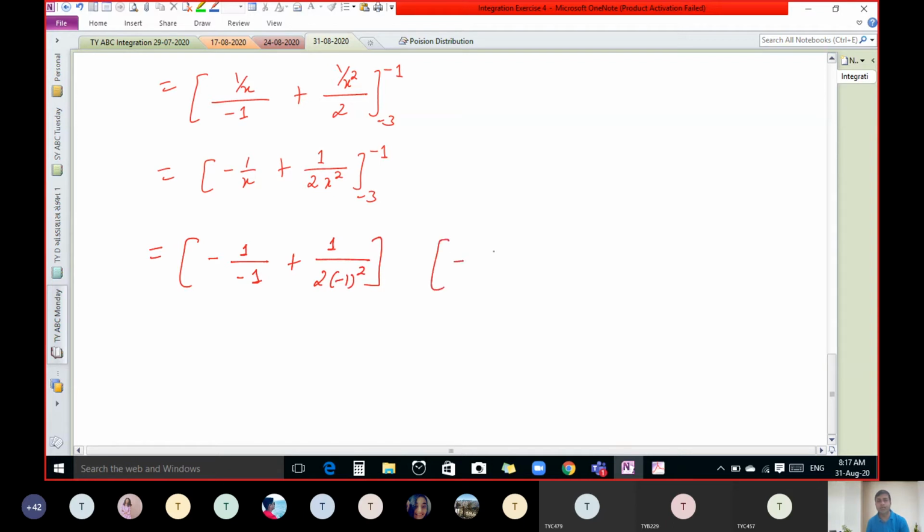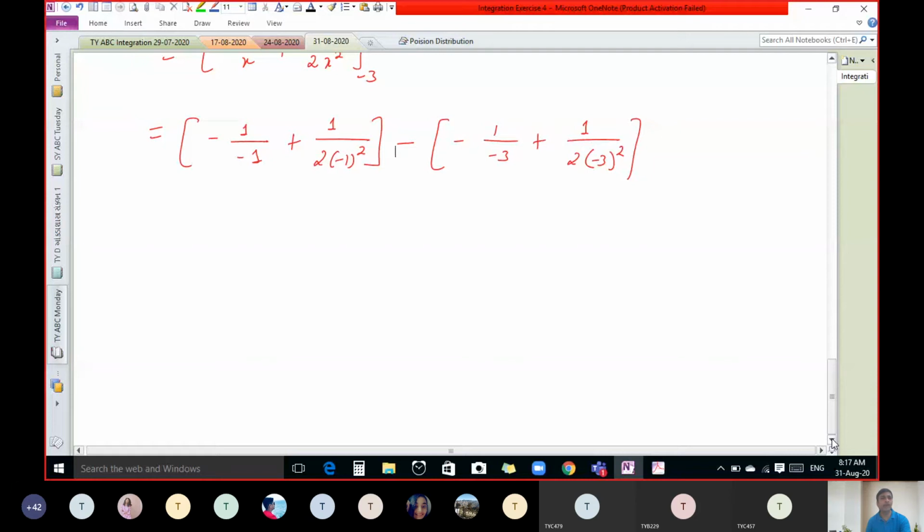So the minus sign is already there, 1 upon x, x means minus 3 here, plus 1 upon 2 into x, minus 3 whole square, and here you have to write the minus sign. Once again, in place of x you first write minus 1. I have done nothing, I put minus 1 in place of x, then minus 3 in place of x, and the minus sign in between. Any problem to anybody?